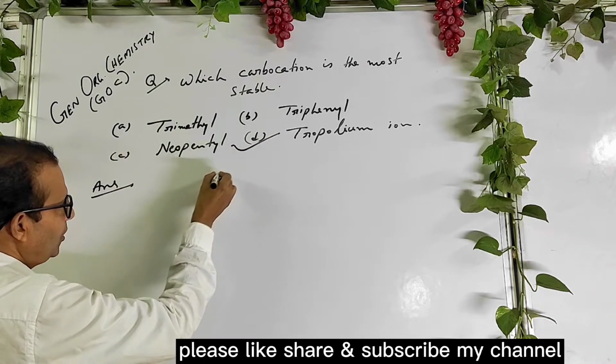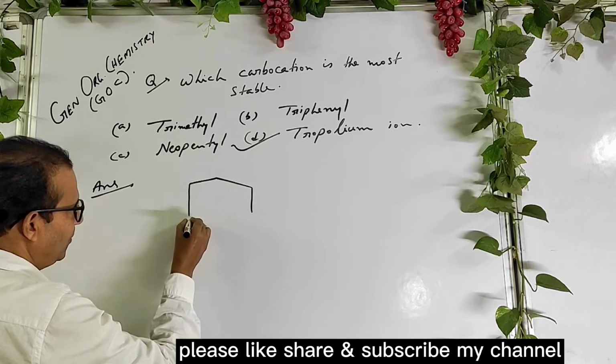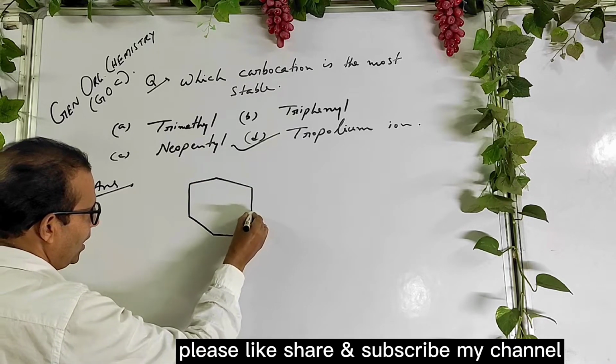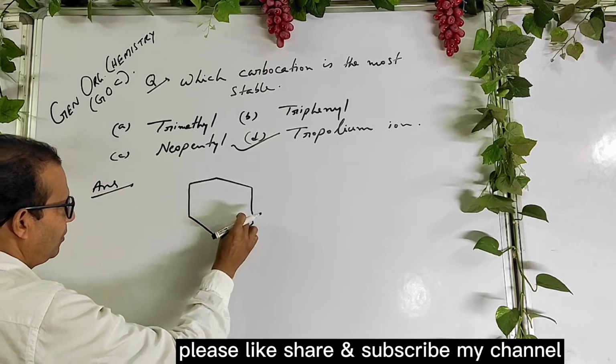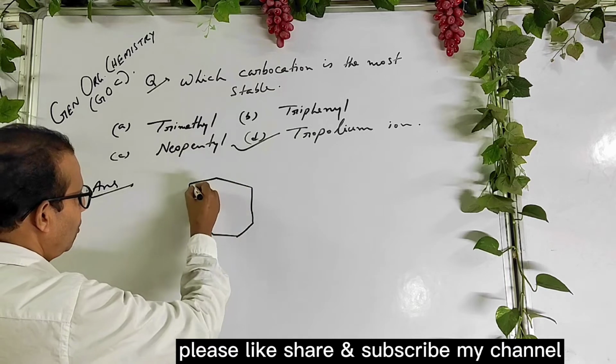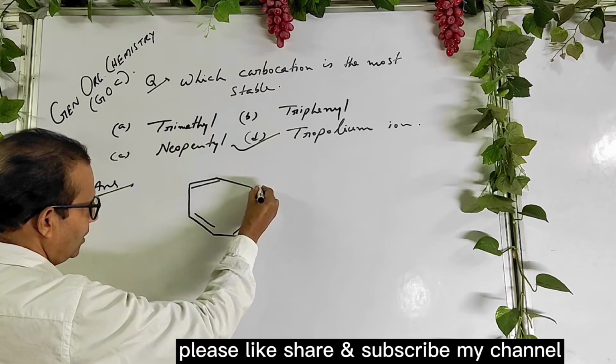Tropylium ion contains 7 carbons, that is a heptagonal structure. Heptagonal or septagonal structure, 1 2 3 4 5 6 7. Alternatively there are double bonds and here a positive charge.